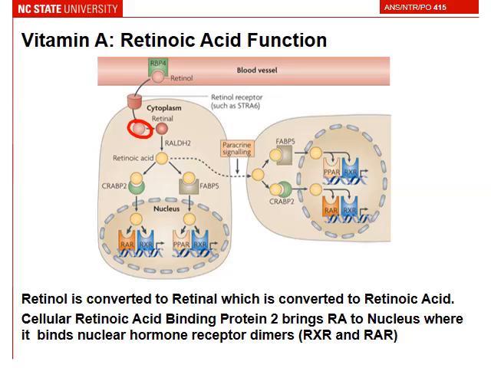And once it's retinal, the aldehyde form, we then convert it to retinoic acid using retinaldehyde dehydrogenase 2.